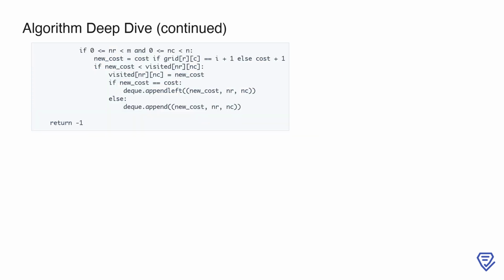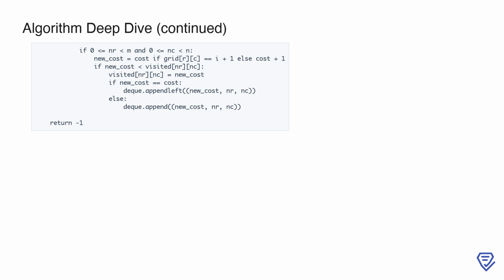For each neighboring cell, we calculate the new cost based on whether the direction of movement aligns with the arrow in the current cell. If the movement matches the arrow, the cost remains unchanged. If it doesn't, we increment the cost by 1. If this new cost is lower than the previously recorded cost for the neighbor in the visited matrix, we update the matrix and add the neighbor to the deque.